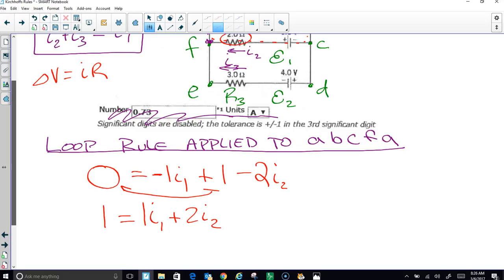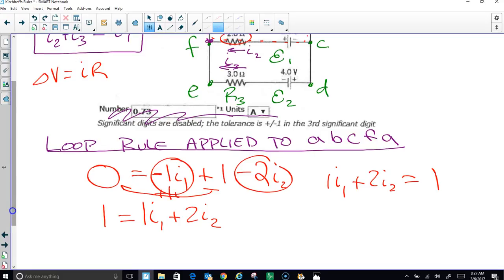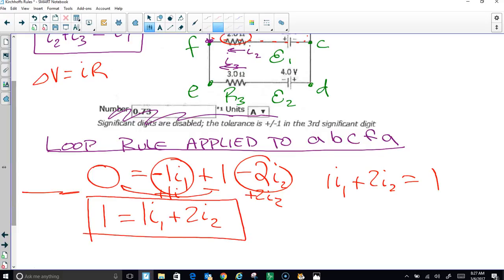Prove it to yourself if you like. I can take both of these, add 1I1 and 2I2 to both sides, and end up with 1I1 plus 2I2 on the left equals 1. Is that cool? It'll be positive when I add them over here. And then I just write it with 1 first. Either way, I have another equation.